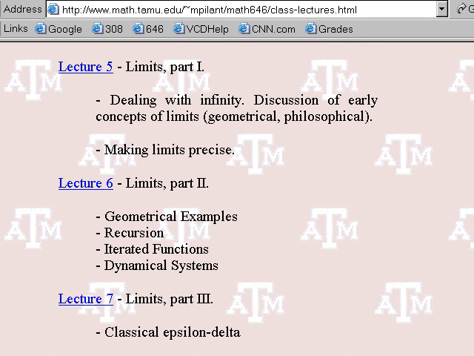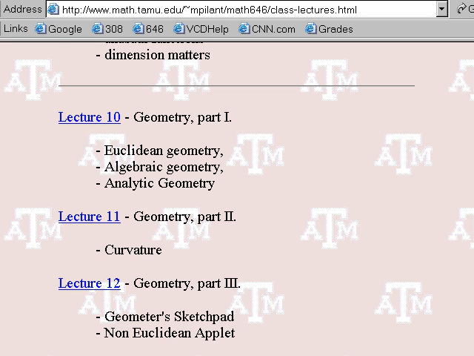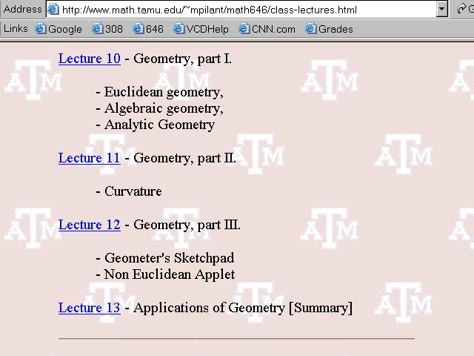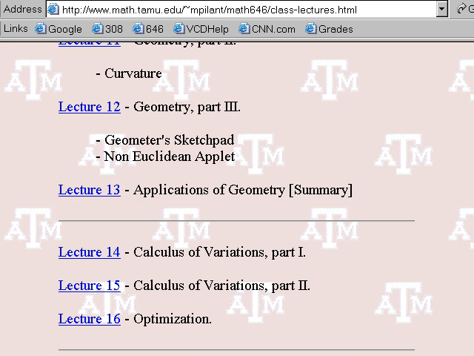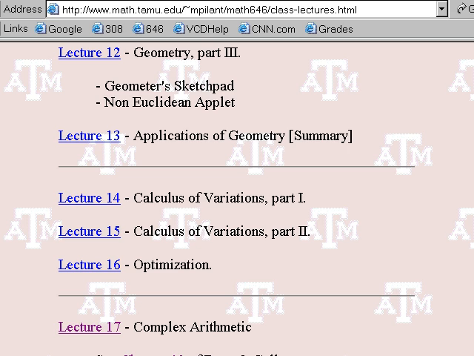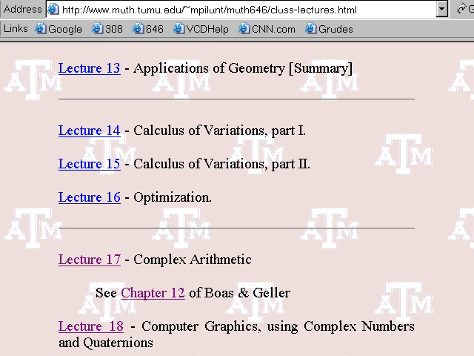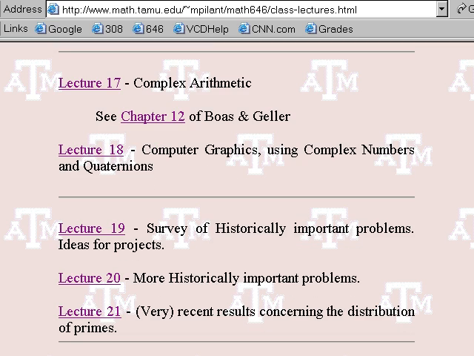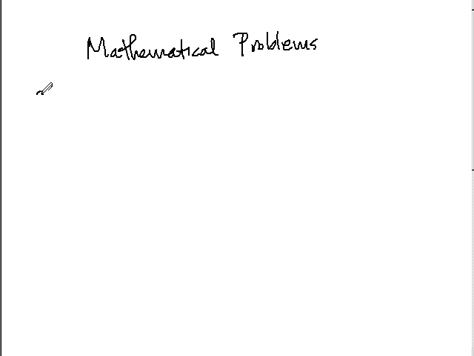We then took a little foray into the beginnings of analysis as limits and functions. We then combined analysis with geometry and applications, and then moved into a very popular area called calculus of variations. Now, as you can see just from briefly glancing through this list, mathematical problems come from many different types of areas, and the kinds that we've covered in this course include the following.